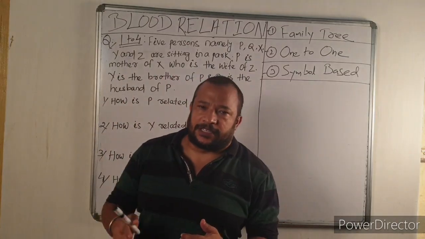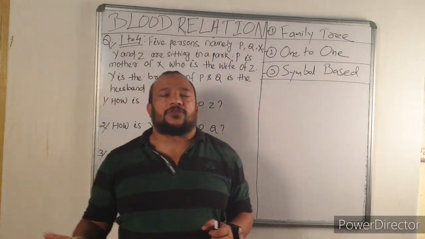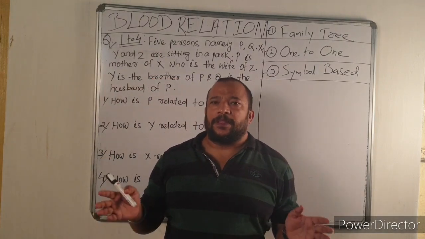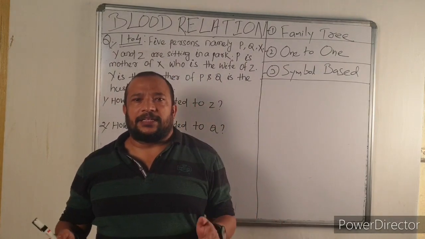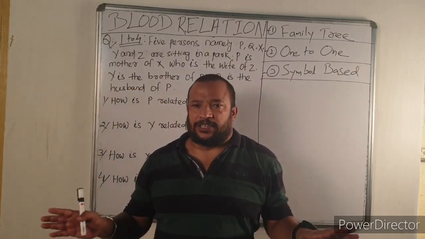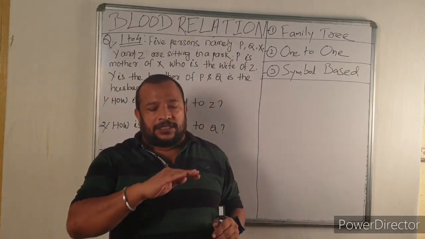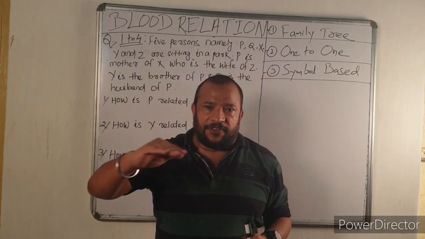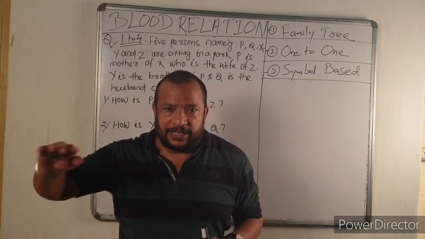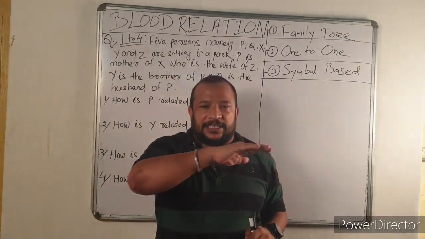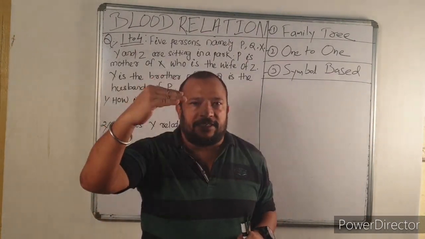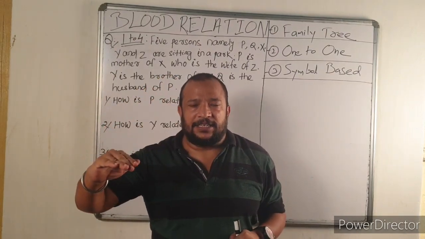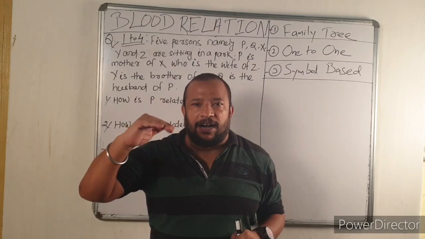Before we discuss the first question, normally in a family there are 4 generations. Son, daughter, nephew, niece is a generation, and after that comes father, mother, uncle, aunt.